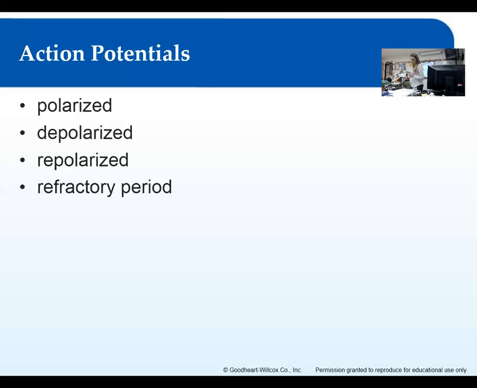Okay, repolarization. Repolarization takes place when the membrane becomes permeable to potassium ions. So the membrane changes after all this and the message has gone through. Potassium heads back out of the cell so that the charge is the same as it was before.